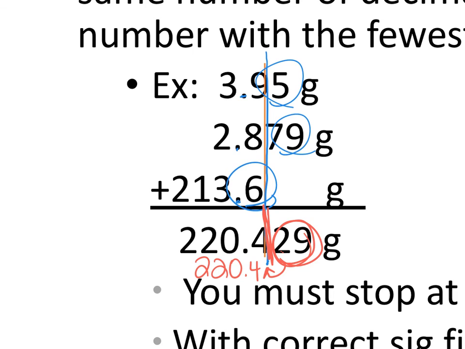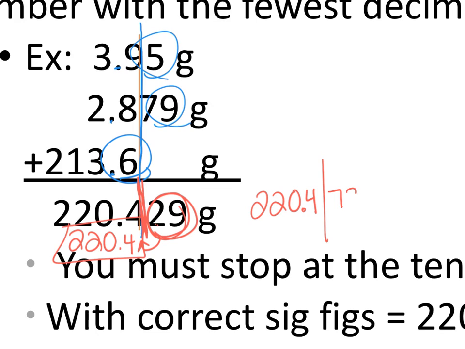On this one, it wouldn't. So my final answer is just going to be 220.4. If the digit after the line had been, say, a 7, that would round up the 0.4, so it'd be 220.5 for my final answer on that one.